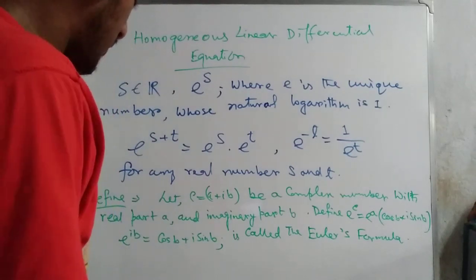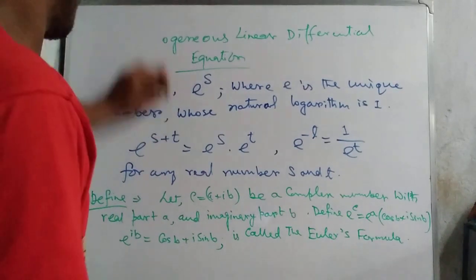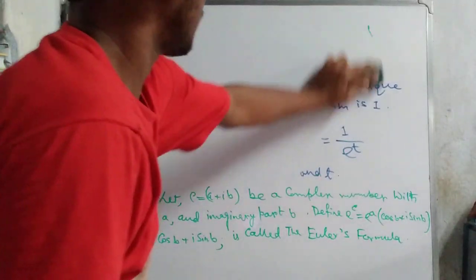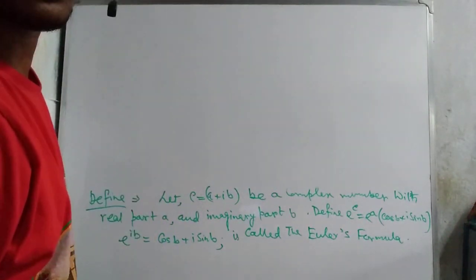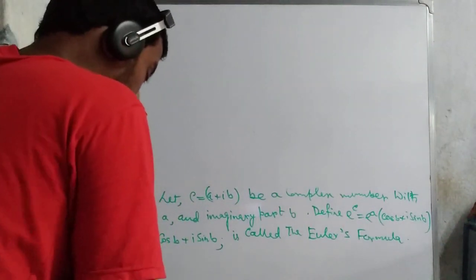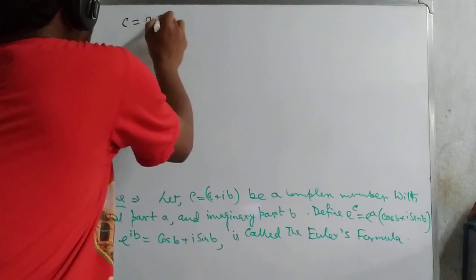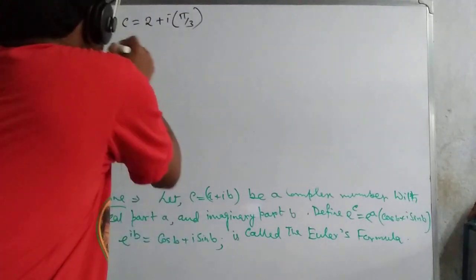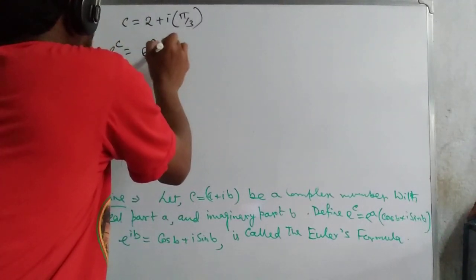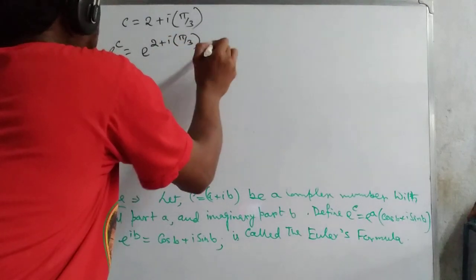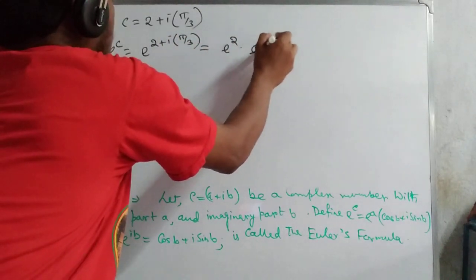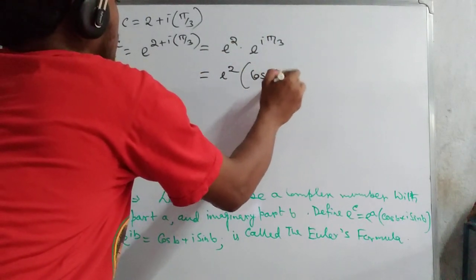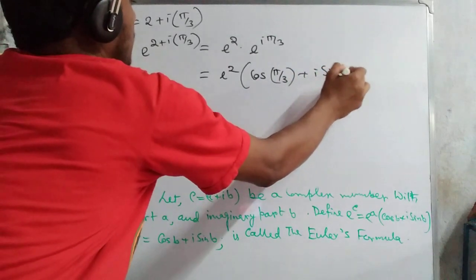Then we also see about that. If we erase this portion and go to further discussion, we write in this way: here c equals 2 plus i pi by 3. Then e to the power c equals e to the power 2 plus i pi by 3, equals e squared times (cos pi by 3 plus i sin pi by 3).